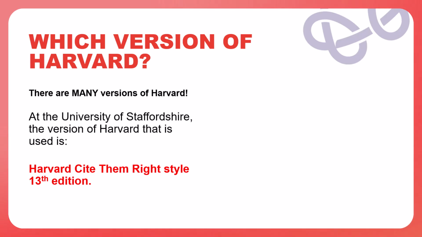So if you're certain that you're using Harvard, you next need to think about, am I going to be using the right version? There are many versions of Harvard because it's been updated many times over the years. And at the University of Staffordshire, the version that's currently in use is the 13th edition of Harvard Cite Them Right style.